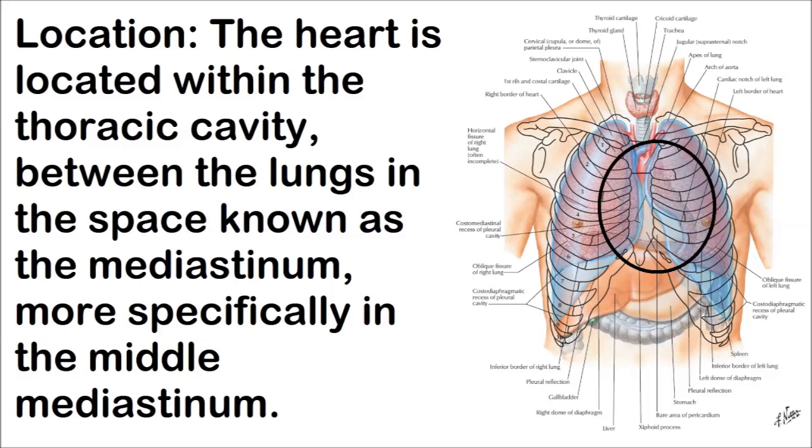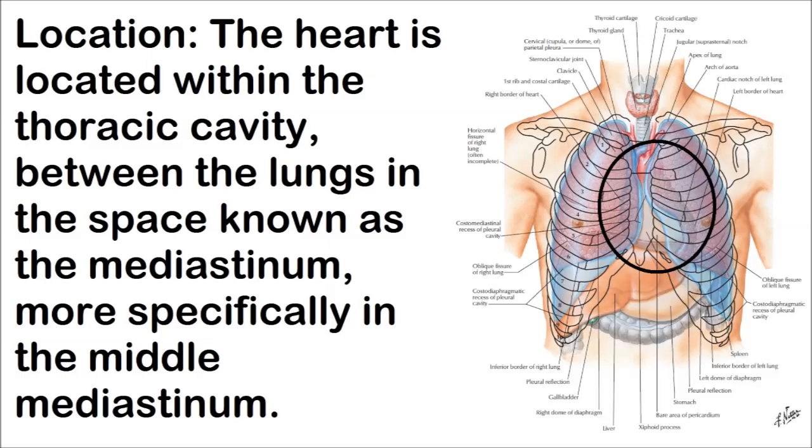In location, we study about the position or a proper place where an organ is located in our body. For example, heart is located in the thoracic cavity, between the lungs, in the space known as mediastinum. More specifically, it is located in the middle mediastinum.